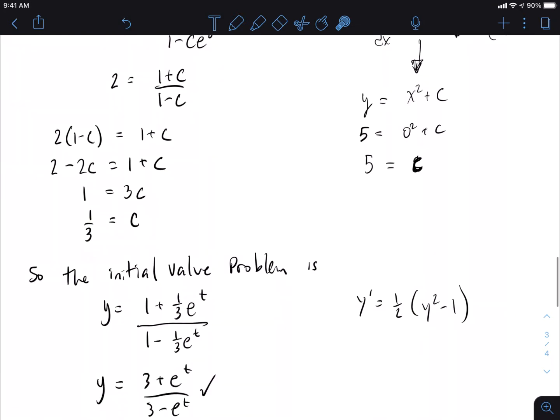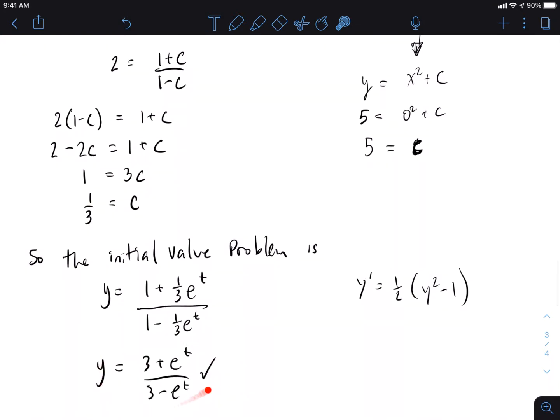The reason that we got this specific equation here was because there was an initial condition. Okay, so without the initial condition, you leave it in terms of c. You'd leave it in terms of something that's unknown.